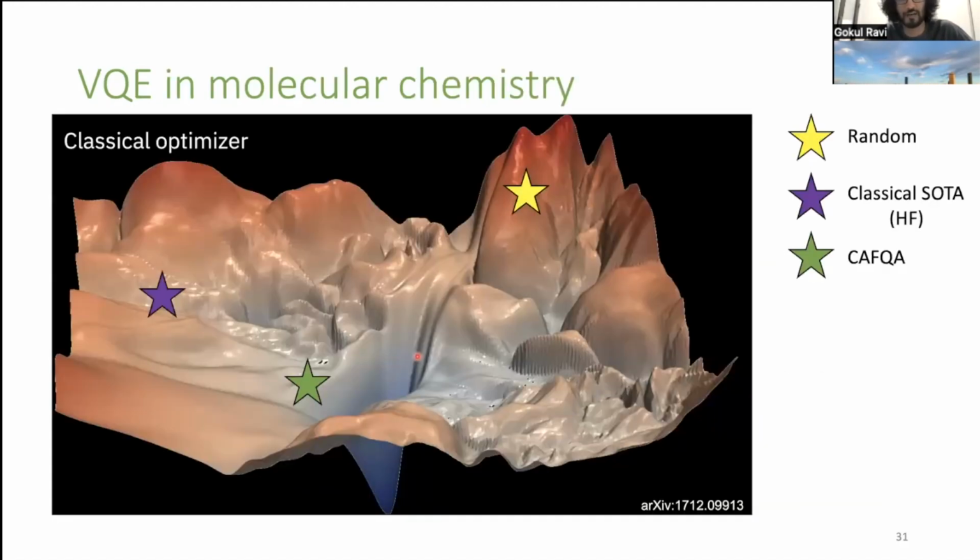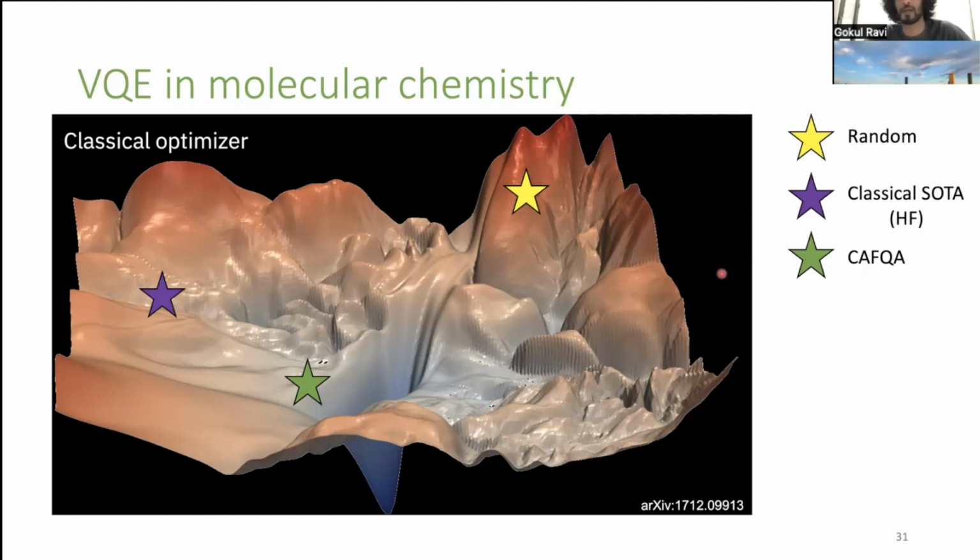And to put this back into the perspective I showed earlier, we have this random initialization, which is pretty bad because it can get stuck in a number of places before going to the global minimum. Existing techniques like Hartree-Fock are definitely an improvement over random, but you still have to navigate some number of minima and also these barren plateaus.